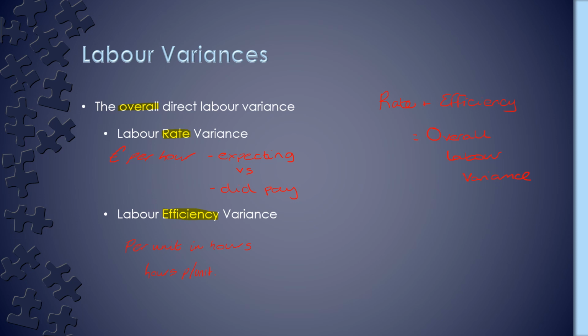Because you may have to convert minutes into hours, and make sure that you're giving your answer in the correct format that they're asking for. So it's always just worth checking what unit, what measurement is in the question.